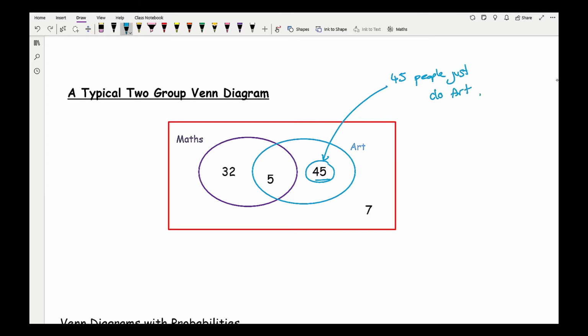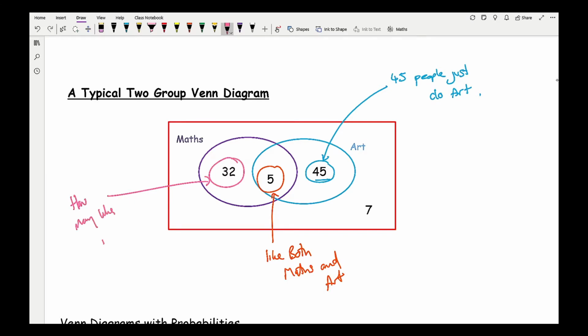If we imagine that this Venn diagram is how many people like each of these subjects, then 5 people represent that they like both maths and art, and this number here represents how many like maths. Surprisingly, there's a smaller number than art, but there you go.